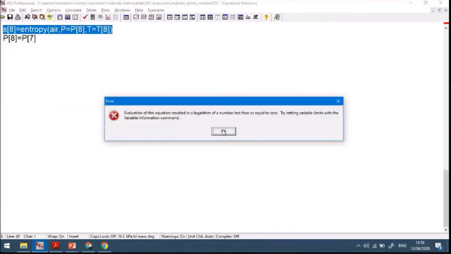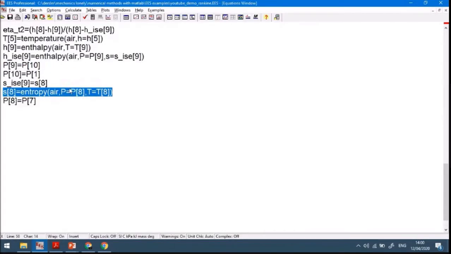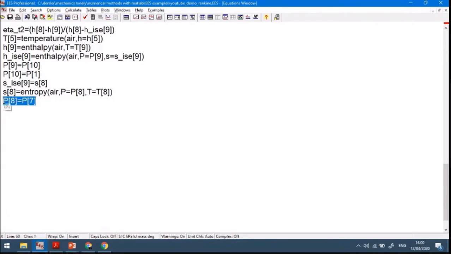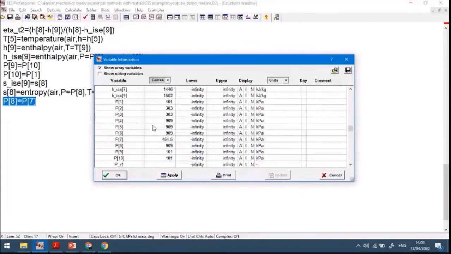So it says that the evaluation has negative values. Why negative values? If you go back, it tries to look for the pressure value that satisfies these equations. But if you go back to variable info, you will see that P8 and P7 are using recent values, but for looking for the next calculation, it uses values between negative infinity and positive infinity.